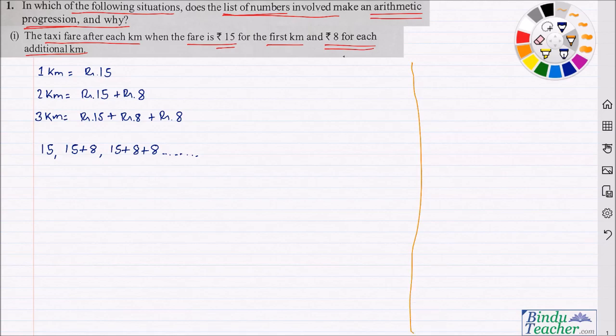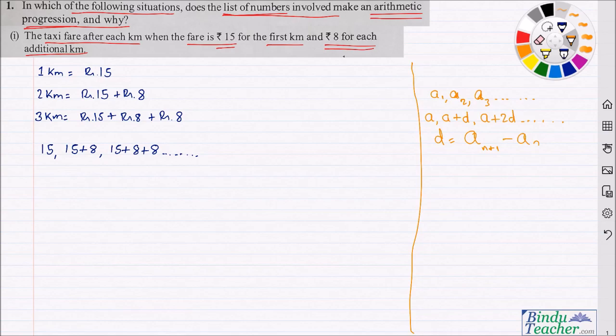A list of numbers A1, A2, A3 and so on are said to be in arithmetic progression if they are of the form a, a plus d, a plus 2d and so on, where d is called the common difference. d can be calculated by a of n plus 1 minus a of n.